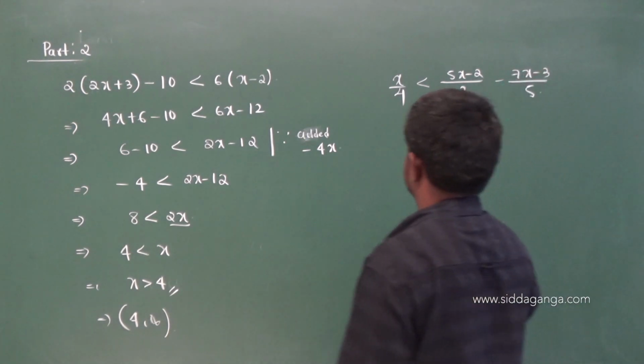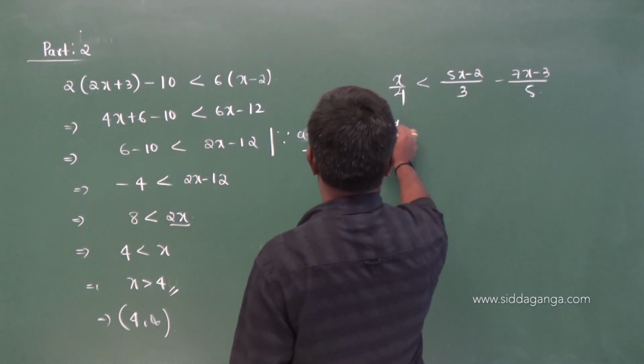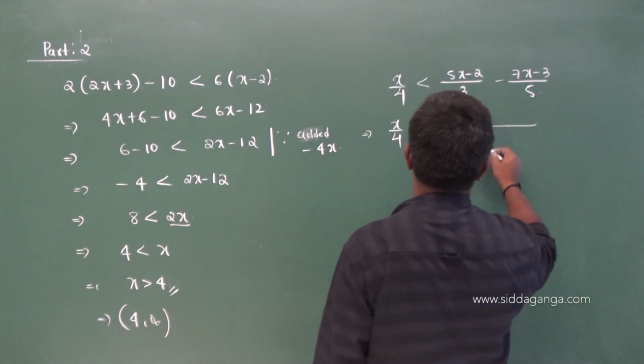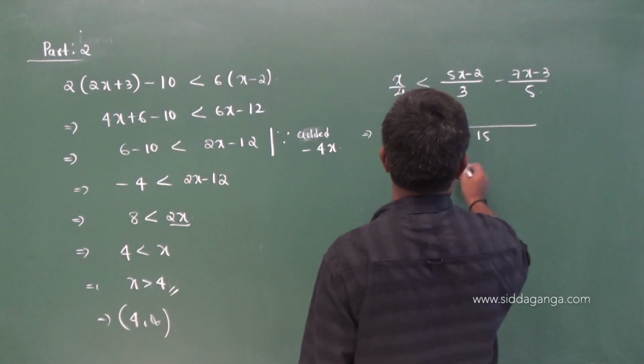Same as before. x by 4 is less than, take the LCM of these two, 15.